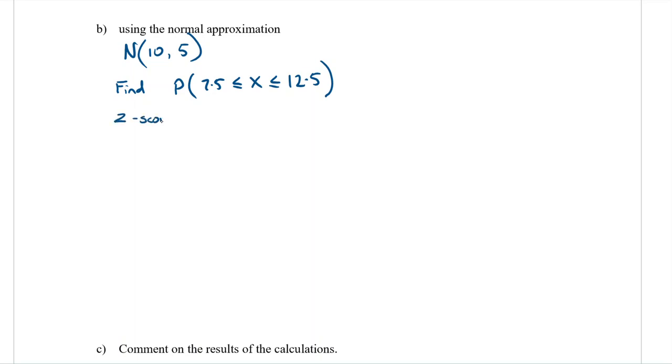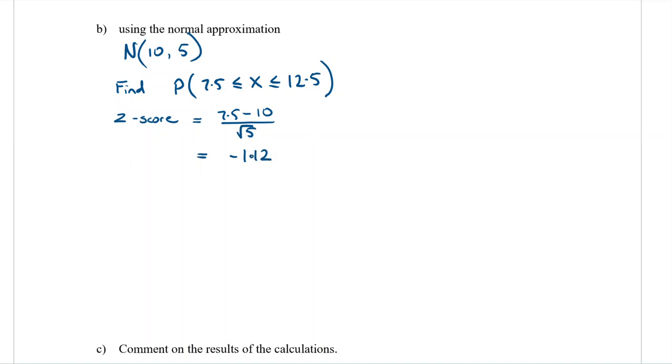So Z score is going to be, for the first one, 7.5 minus my mean, my score, sorry, over my standard deviation, which is square root of 5. So it is X value minus the mean over the standard deviation. That's our formula.